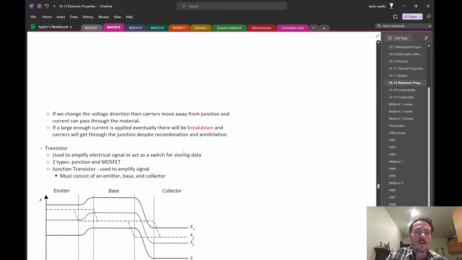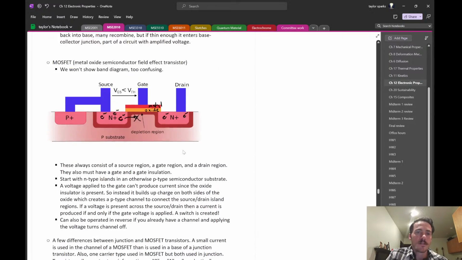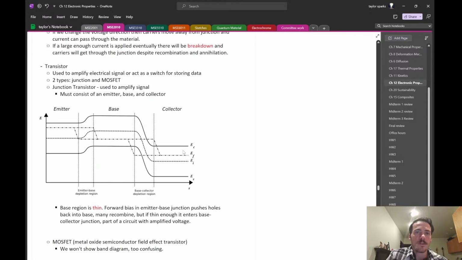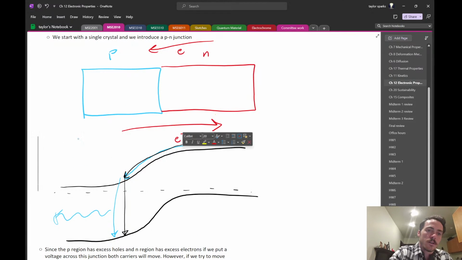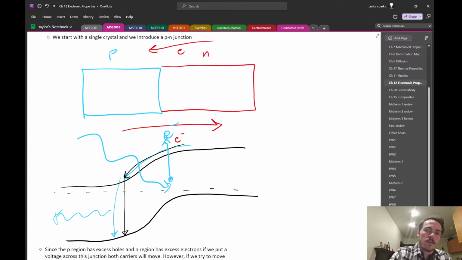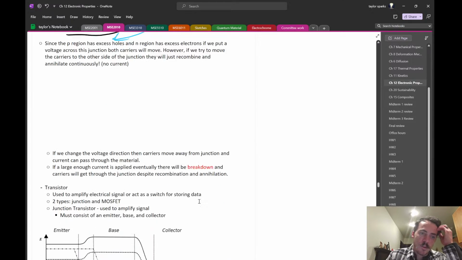Same thing for solar panels. You could describe how solar panels work. We talked about that earlier in the notes. In comes a photon in this region, it hits an electron here, putting the electron up here and the hole down here. Then they can separate and you can get current collection from a photovoltaic. Same thing with transistors.